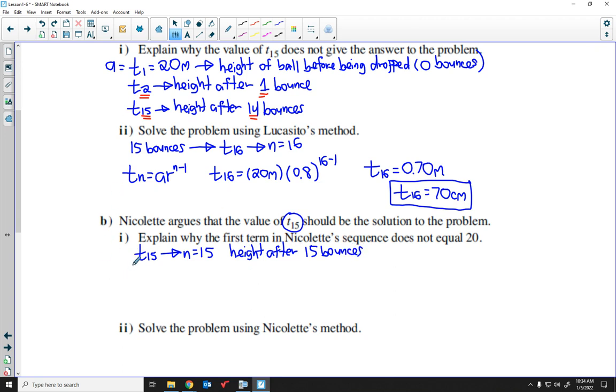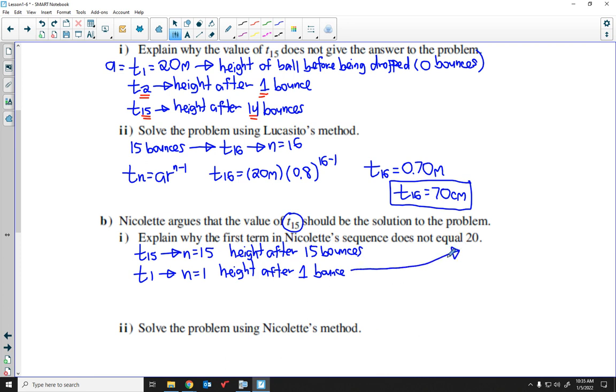So in her sequence, if we match things up like this and we go back to T1, where n equals 1, that would be the height after one bounce. The height after one bounce is not 20.